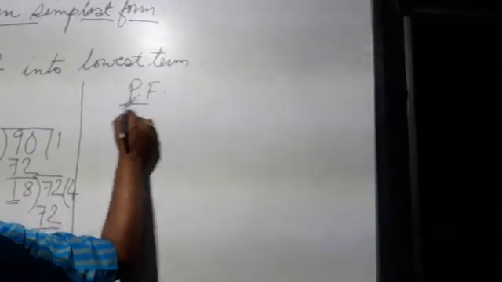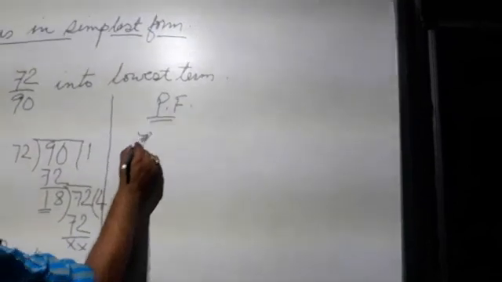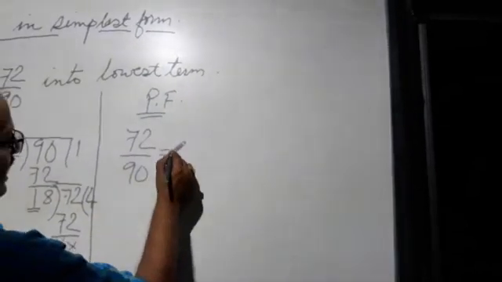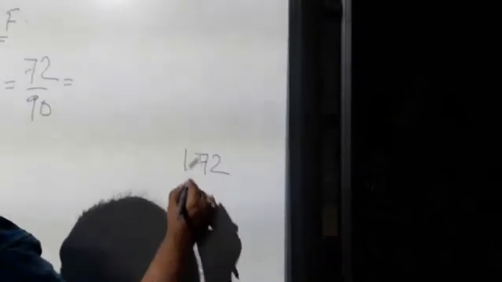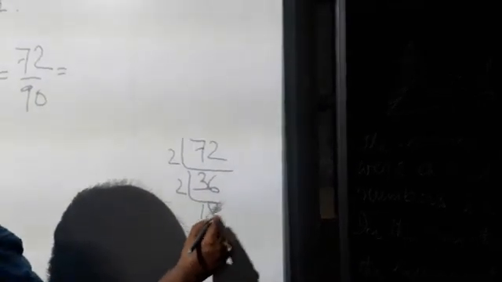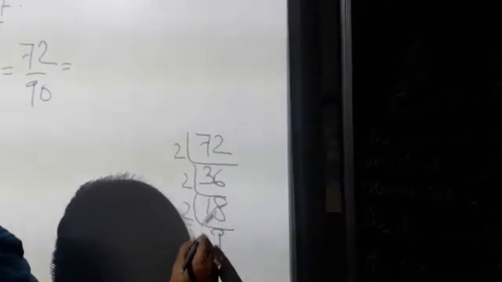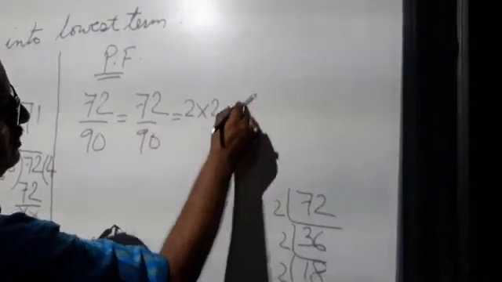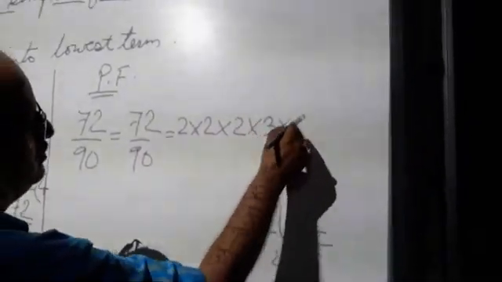PF, we call it, the prime factorization method. That is 72 by 90. We find the prime factorization. Already you have learned how to find the prime factorization. Like 72, we take 2, 36, 2, 18, 2, 9, 3, 3. So it's equal to 2 into 2 into 2 into 3 into 3.